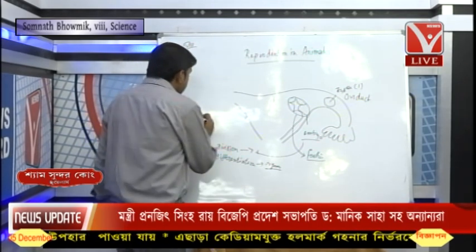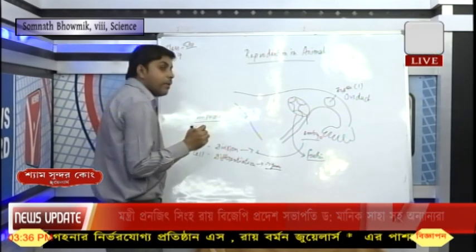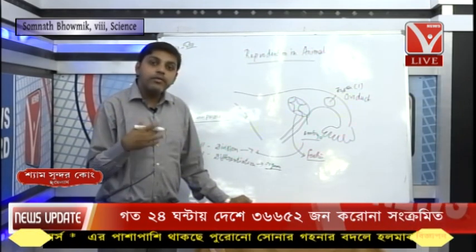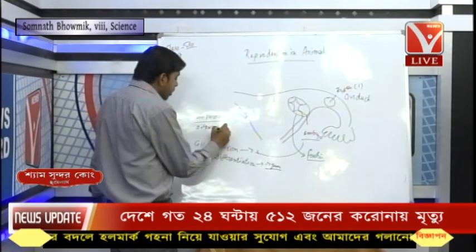This is called viviparous. But in some other cases, the development takes place outside the body. This is called oviparous.